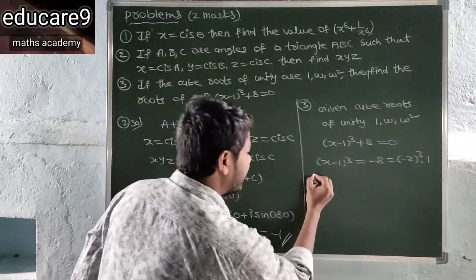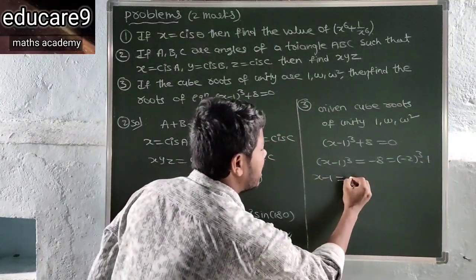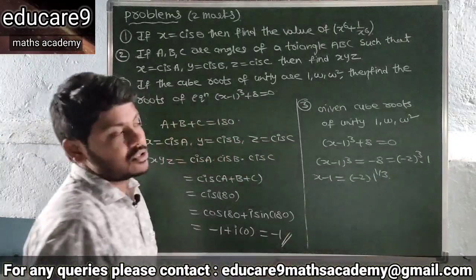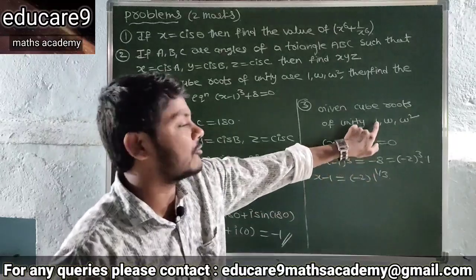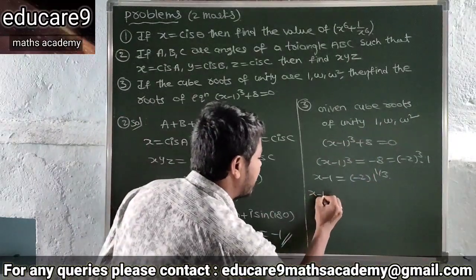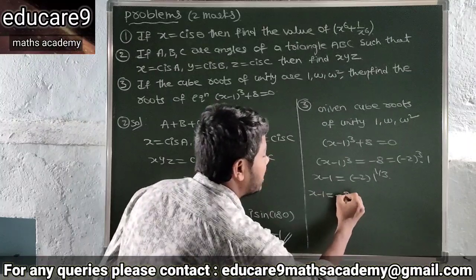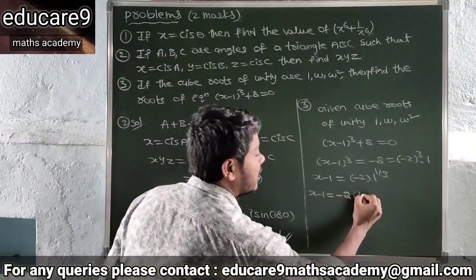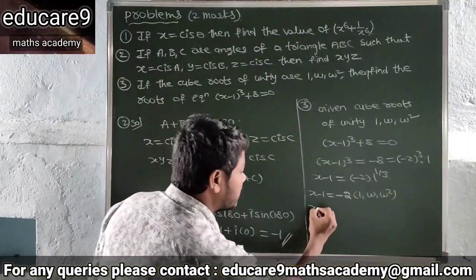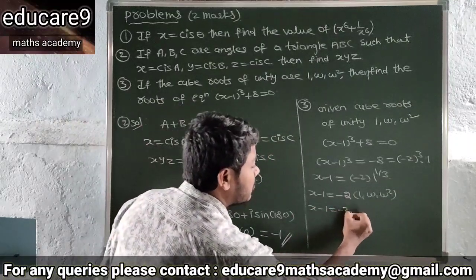So clearly this can be written as x minus 1 is equal to what? Minus 2 into 1 power 1 by 3. So you know that cube roots of unity are what? 1, omega, omega square. So therefore clearly x minus 1 is equal to minus 2 into 1, omega, omega square. So first one, x minus 1 is equal to minus 2.